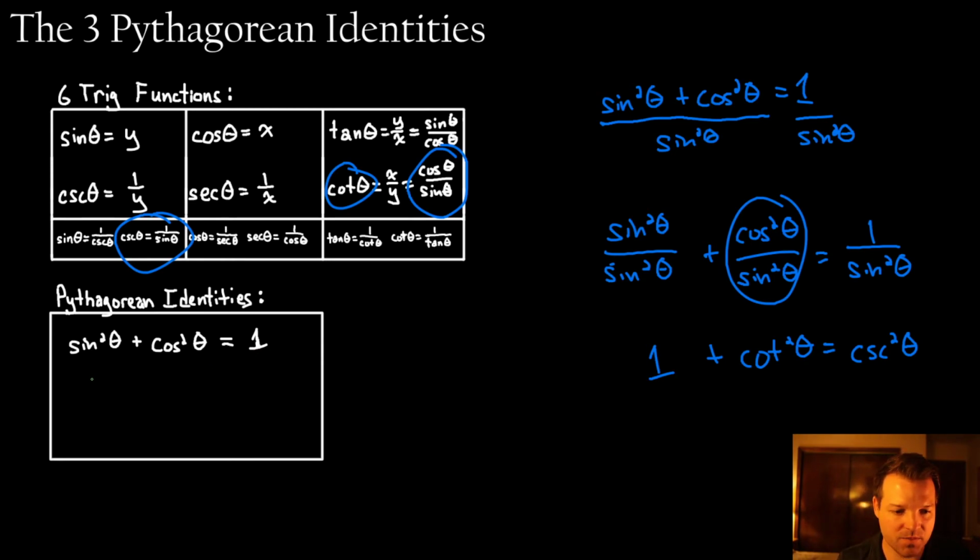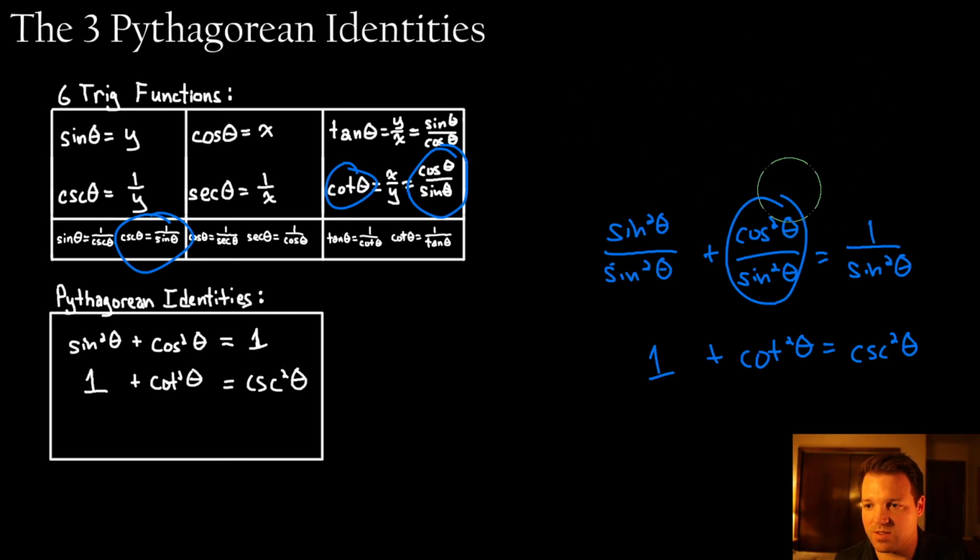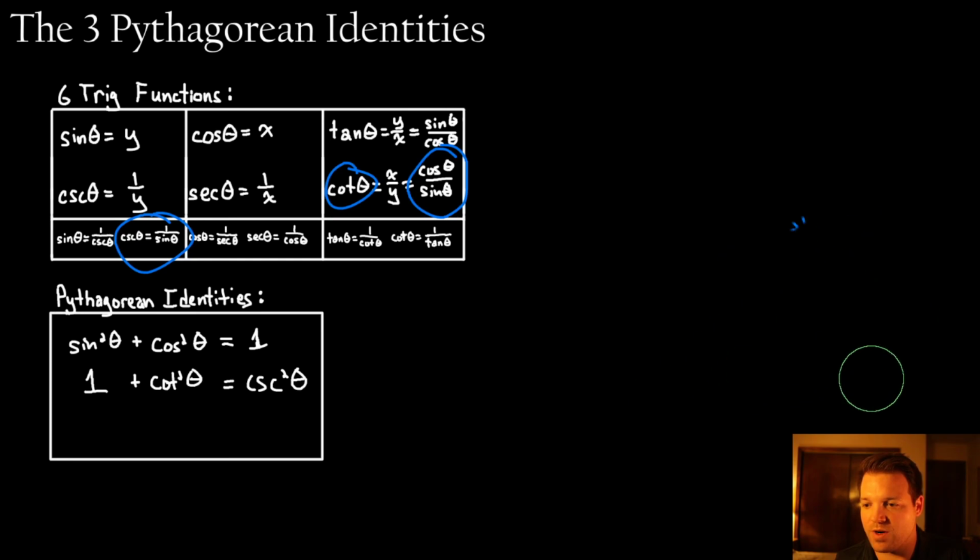By the way, you can rearrange this in any number of ways, but I'm just going to leave it the way it is: 1 plus the cotangent squared of theta is equal to cosecant squared of theta.